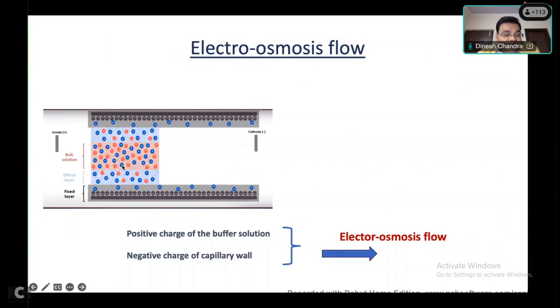It is still not fully saturated, so more cations come towards the capillary wall.